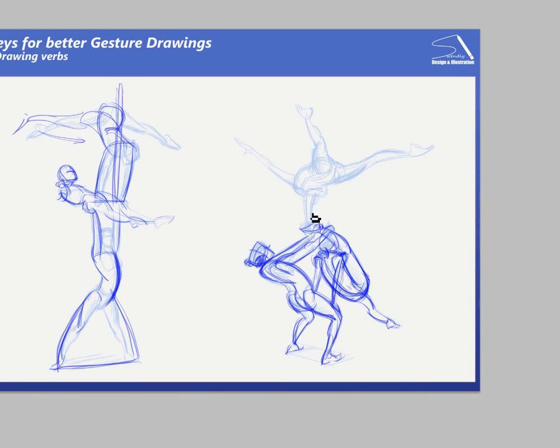Okay. The major point of support for this girl is right here. So if I remember correctly, I actually started by drawing this supporting arm and hand. Go over. I think she was holding on to the foot of this girl actually.